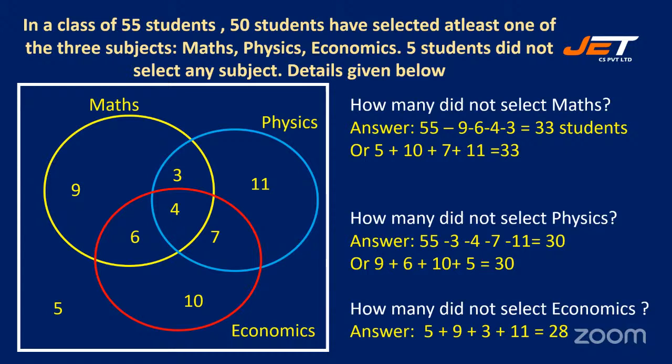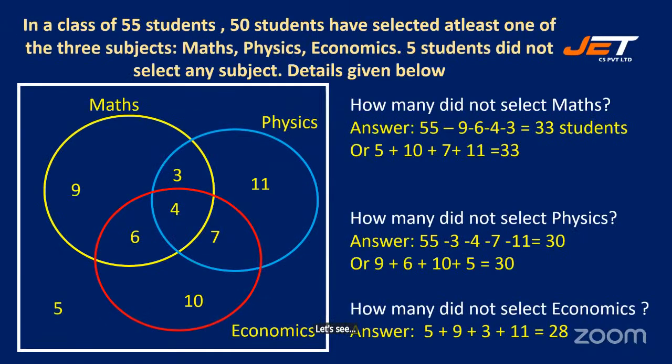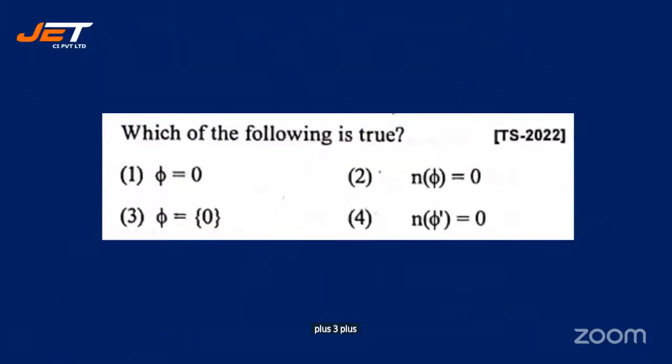Take 1 minute, not more than that, and then give your answers in the chat box. Let's see. It is 5 plus 9 plus 3 plus 11, which is 28.